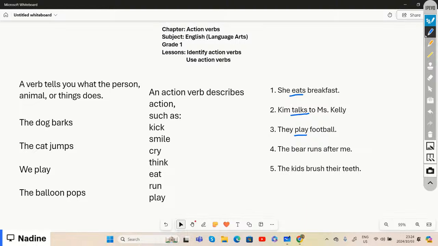What are they doing? They play football. So play is our action verb.